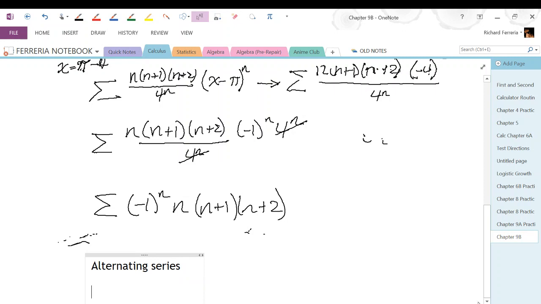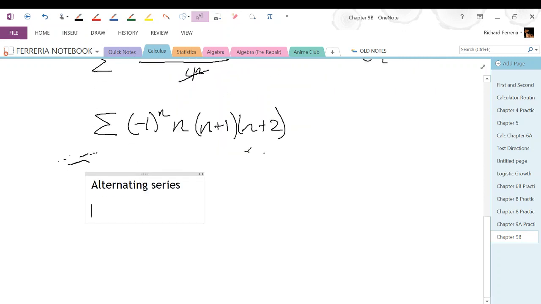So in our alternating series, we just need to check what is the limit as n approaches infinity. Uh-oh, back to the pen. That doesn't look right. I'm so disappointed. I don't know what to do here, guys.